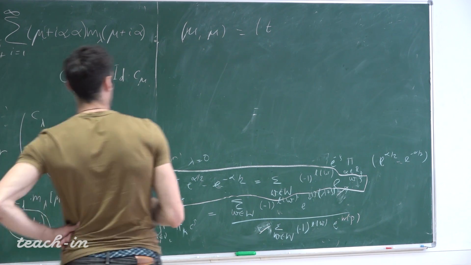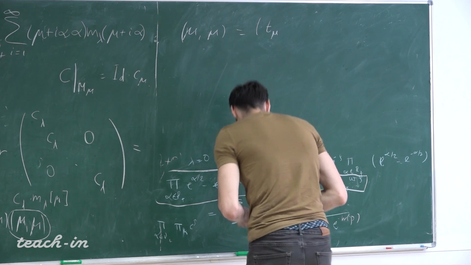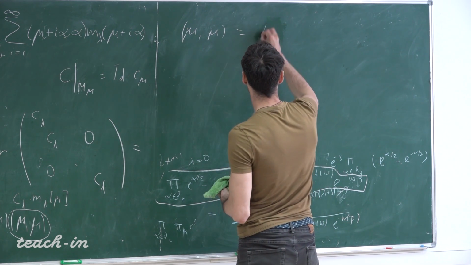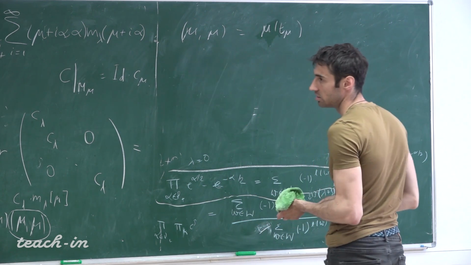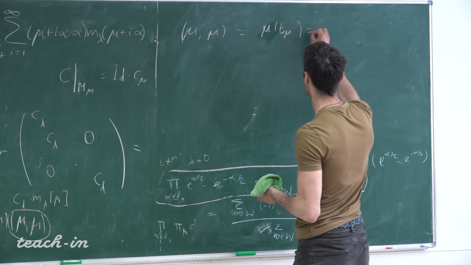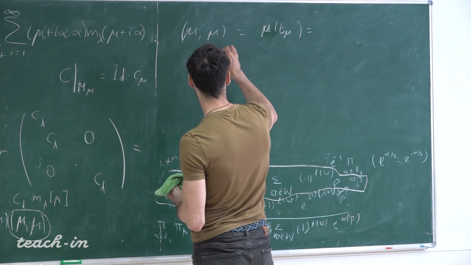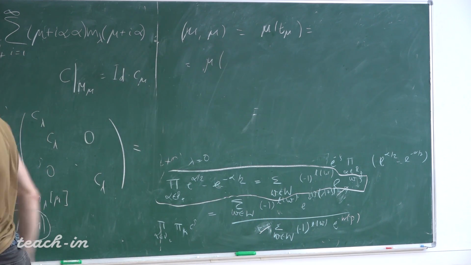It's T mu of mu of T mu, right? And T mu is like that, sum AI HI.